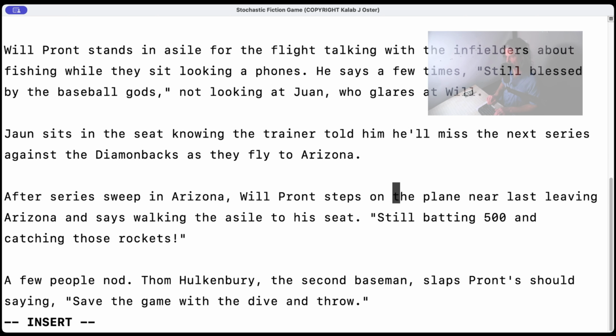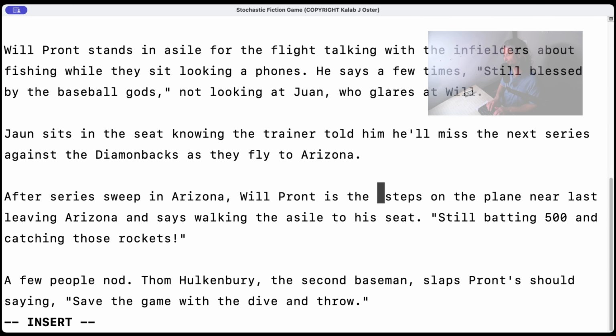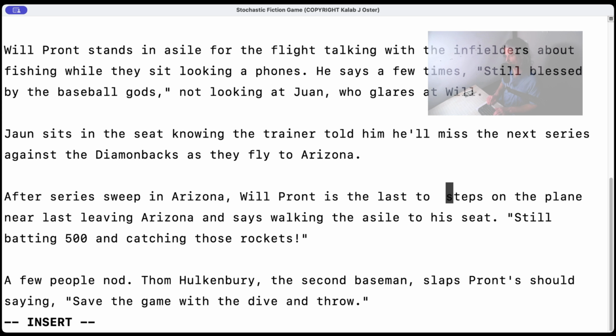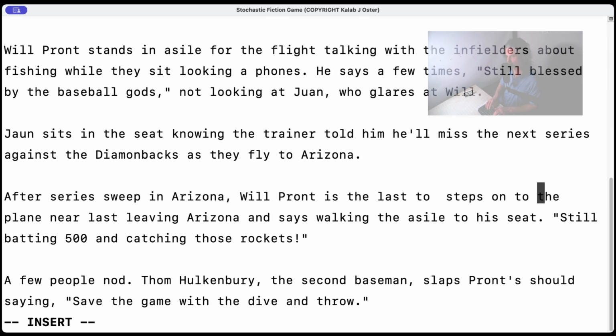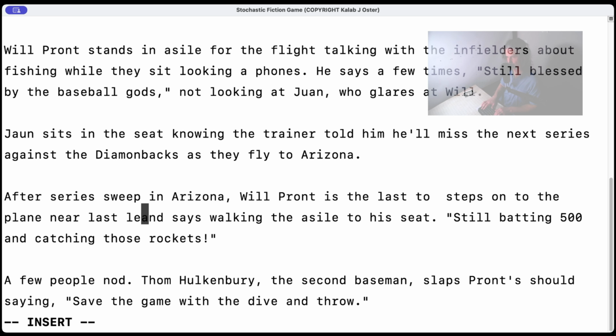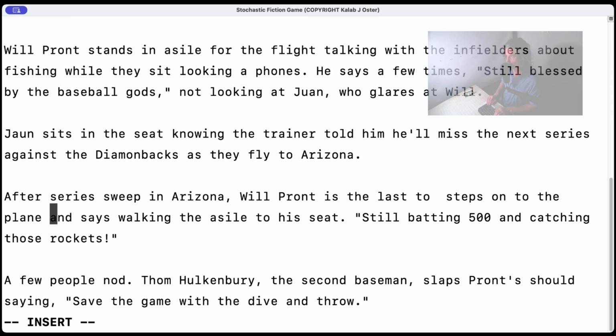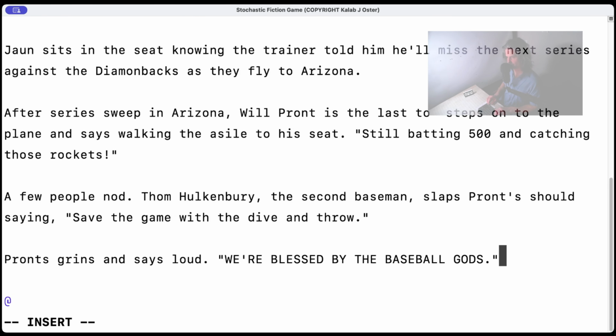Will steps on the steps last. Will Prompt is the last to step onto the plane. That's a better sentence. I guess I can spend a little time cleaning this up so I ain't total trash.